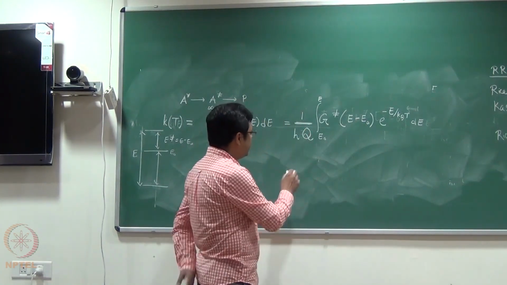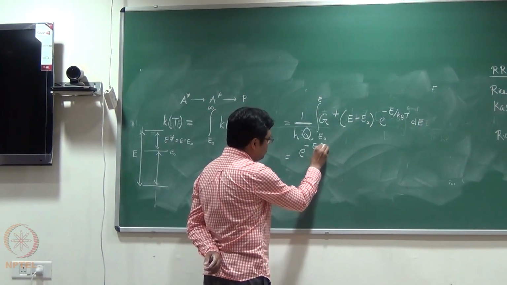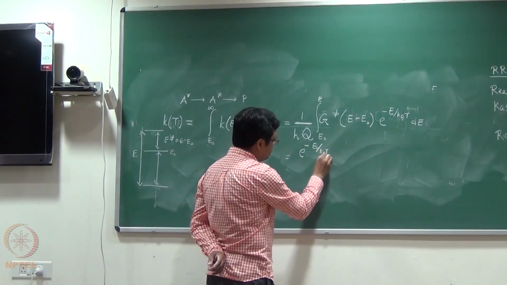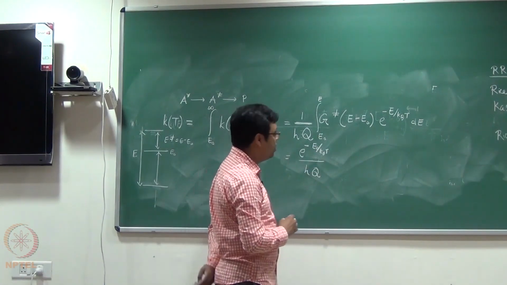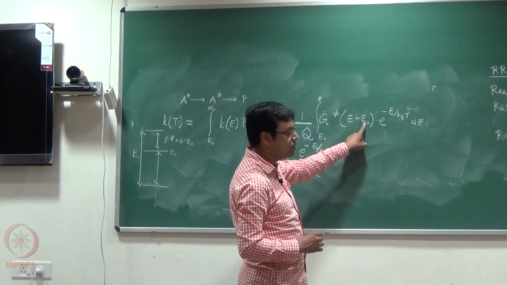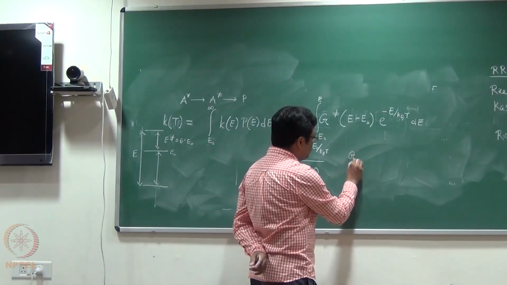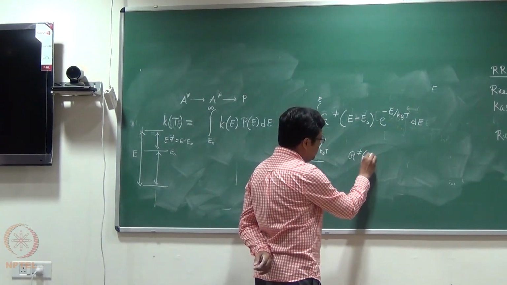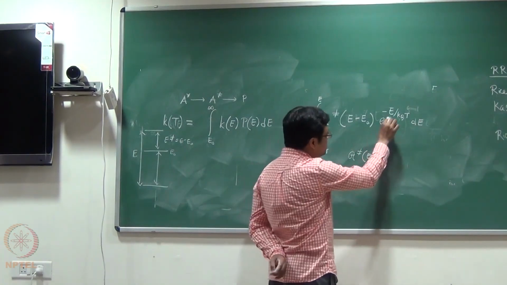Clear? So what I am saying here, I could write this expression as e to the power minus E0 by kT. Then this guy, think about it. E minus E0 is what? E dagger. So this is nothing but G dagger of E dagger. What is this guy?